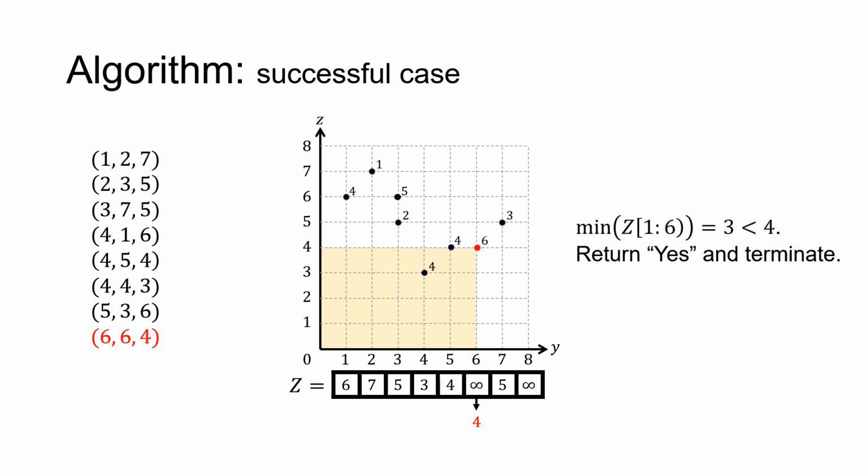When the range minimum is less than the z-coordinate of this element, we must return yes and immediately terminate the algorithm. However, if we can't find such a pair and come to the last element of S, we must return no. This completes the explanation of the algorithm.